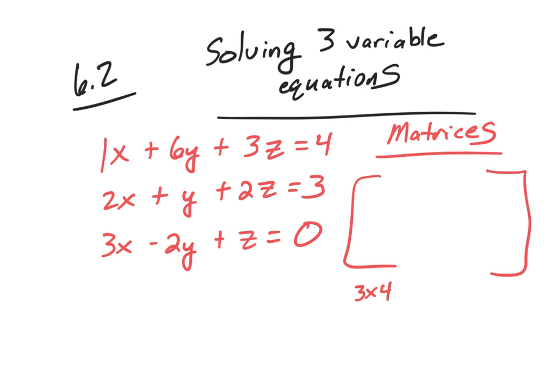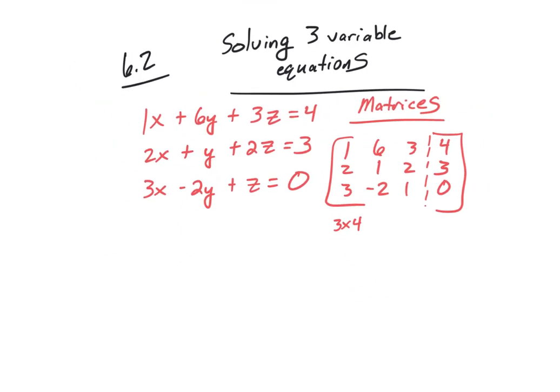You're gonna do all the coefficients: 1, 6, 3. I always put like an imaginary dotted line in here. That's where the equal sign would go. And then 2, 1, 2, 3. And then 3, -2, 1, 0. How do you put that in? That's what we're going to go through here.